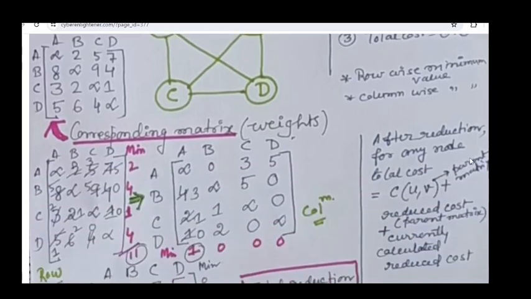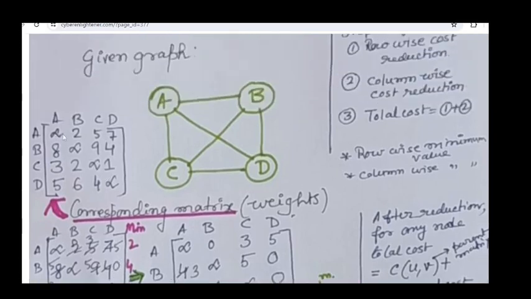So initially, let's say this is my given matrix. Here I have written the matrix. Row wise I am going to reduce the cost. What you have to see is, row wise, what is the minimum distance provided. So what is the minimum distance row wise, students? 2. 2 is the minimum in this row.